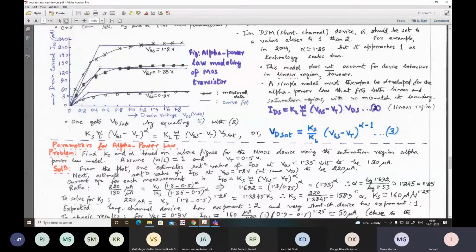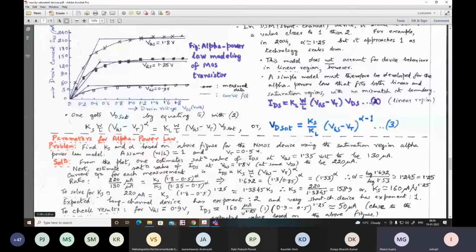Now to solve for Ks, the process transconductance, for 220 microampere, put alpha equal to 1.25. So Ks is found to be nearly 160 microampere per V to the power 1.25. Note that the unit associated with Ks is peculiar: microampere divided by V to the power 1.25.